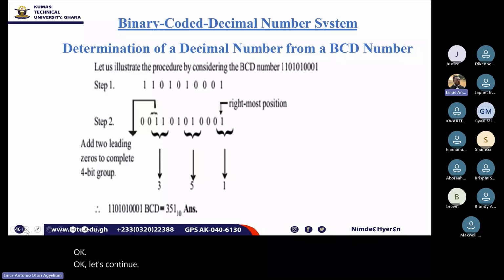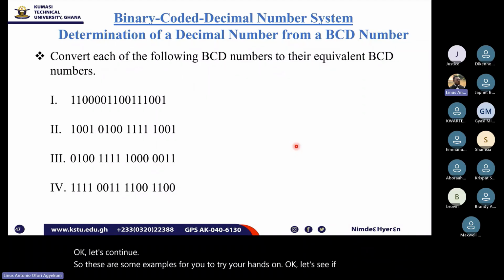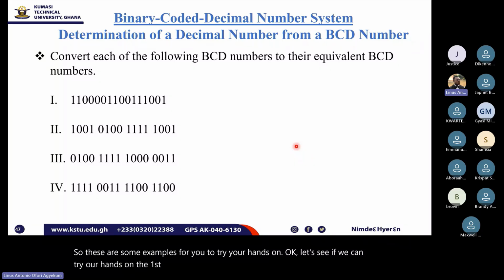So these are some examples for you to try your hands on, okay? Let's see if we can try our hands on the very first one.